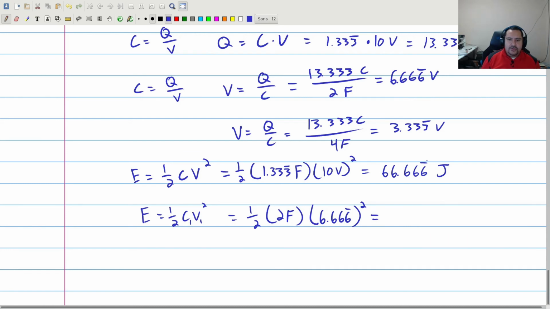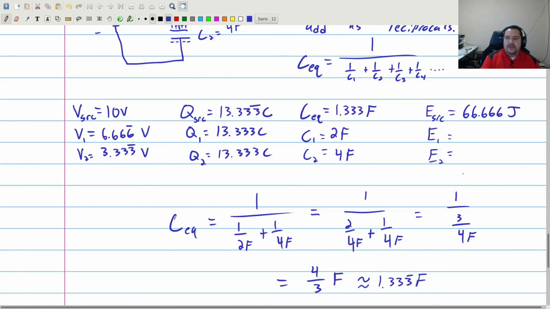Grabbing my calculator, 0.5 times 2 times 6.66666666666, squared. I get 44.444 repeating joules. So that'll go up here: E1 is 44.444 joules.